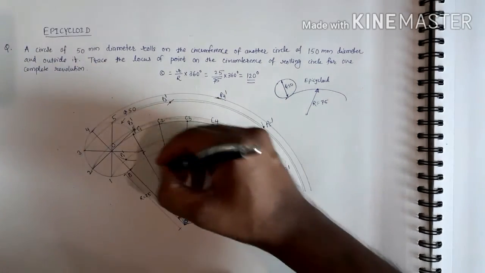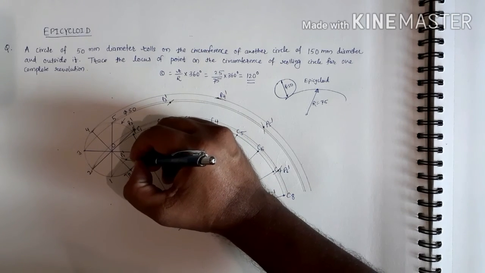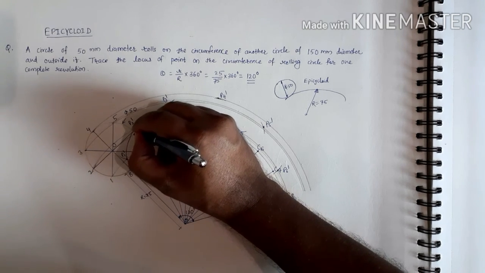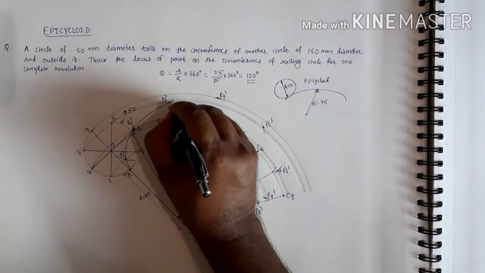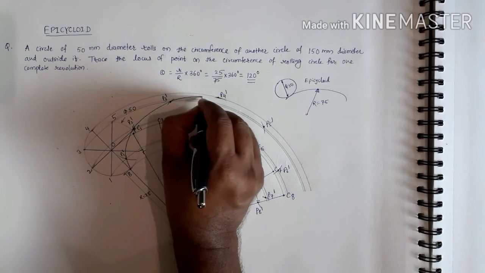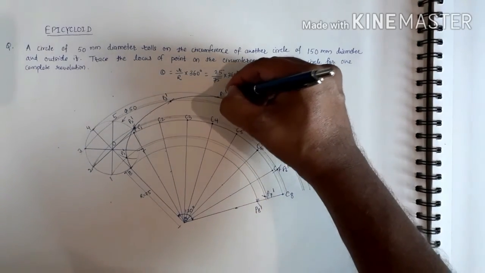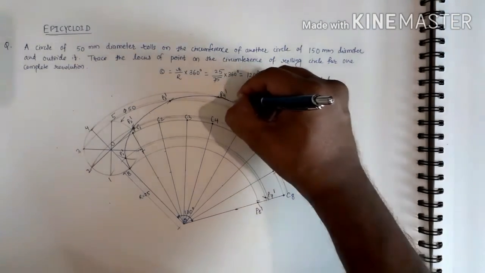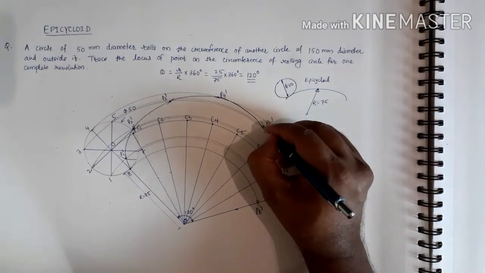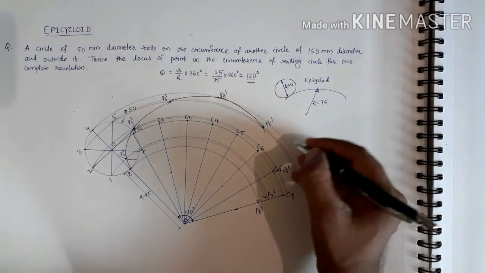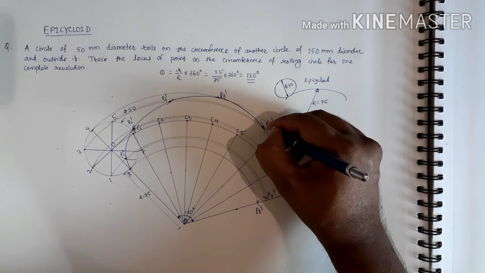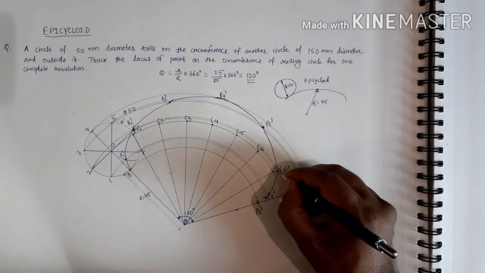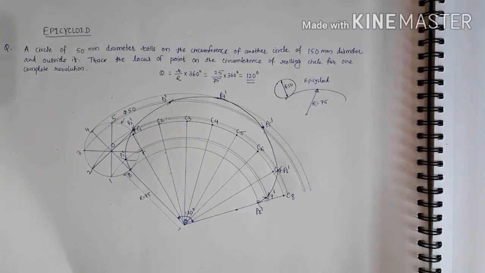Okay, so join 8, P1 dash, then P2 dash, then P3 dash, then P4 dash, then P5 dash, then P6 dash, and P7 dash and P8 dash with a smooth curve.